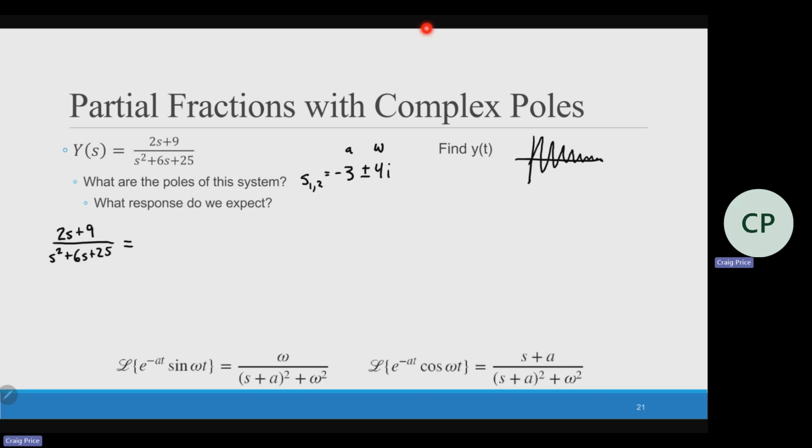How do I find that? On the table, this is line 10. This is line 11. Because my goal is to bring it back to the time domain, I'm going to set up my partial fractions using these. If I have it in that perfect configuration, I can find the constant and then bring it very easily to the time domain.